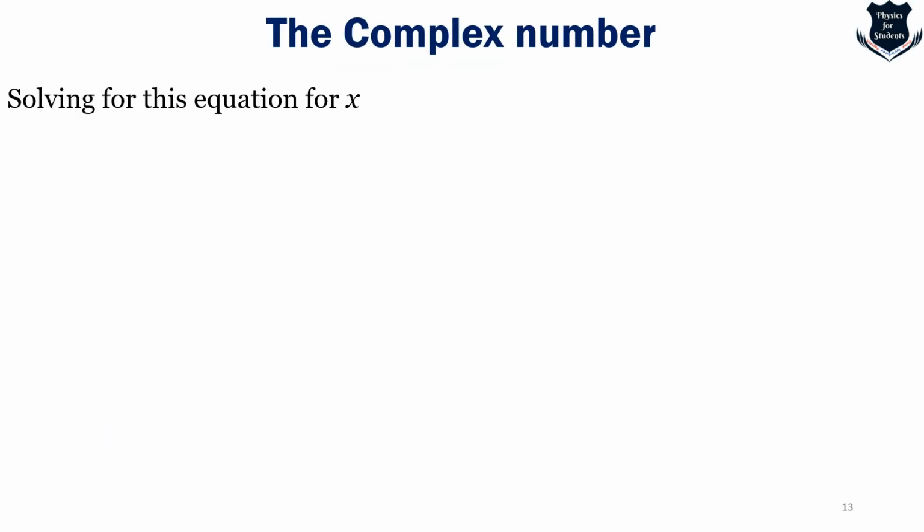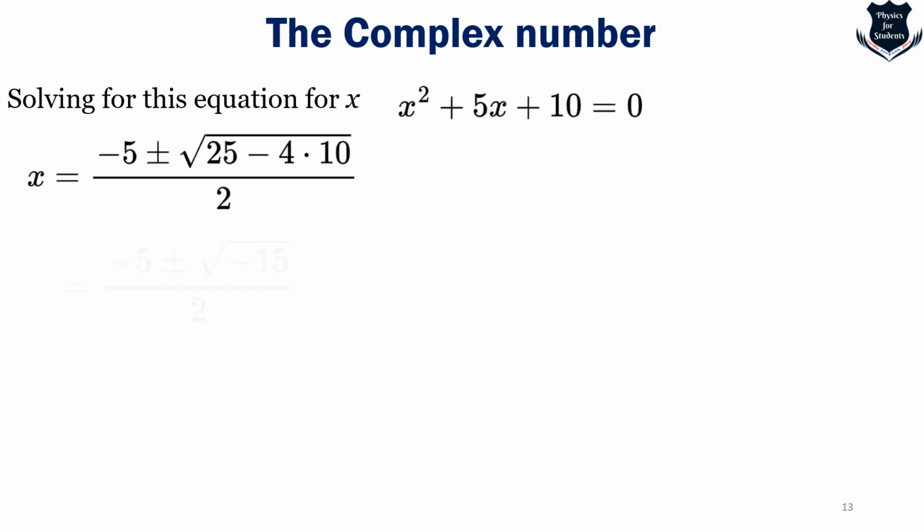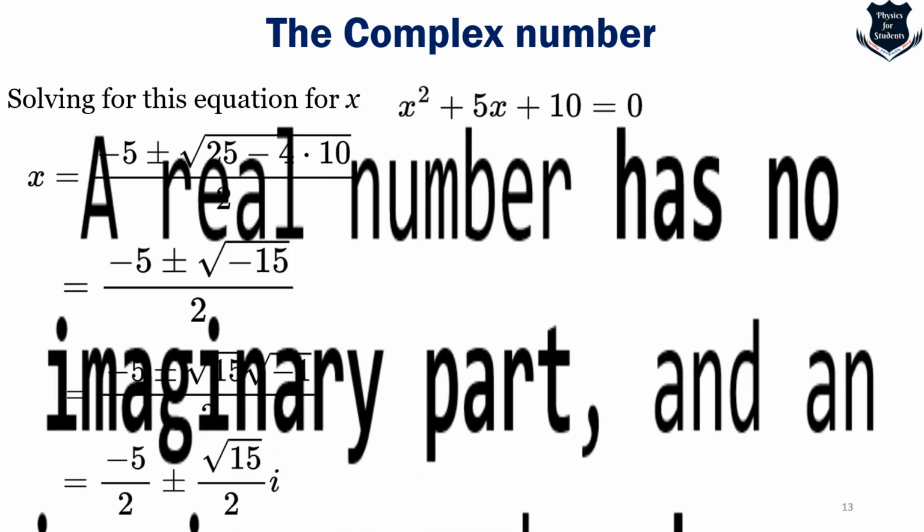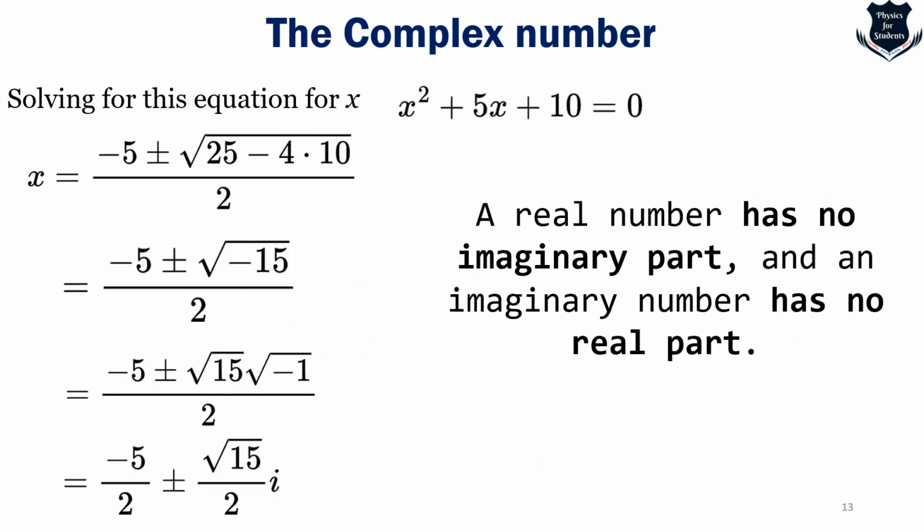Okay, so if we solve an equation for x, for example x squared plus 5x plus 10 equals 0, then we get these solutions. We see here that a real number has no imaginary part, and an imaginary part has no real part.